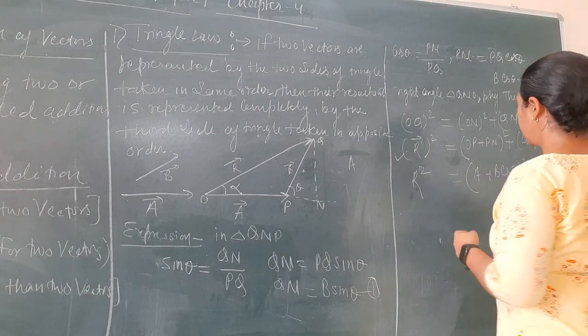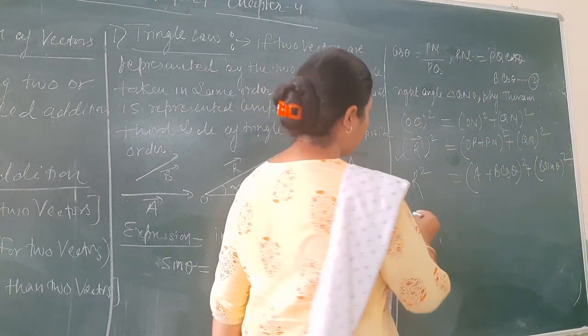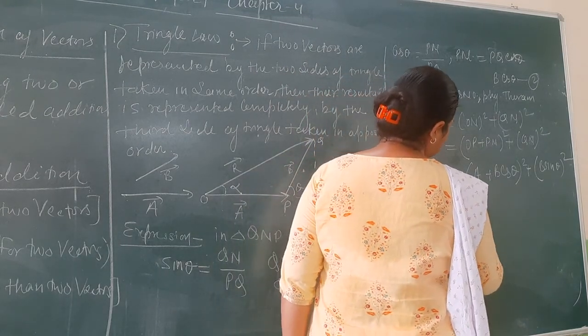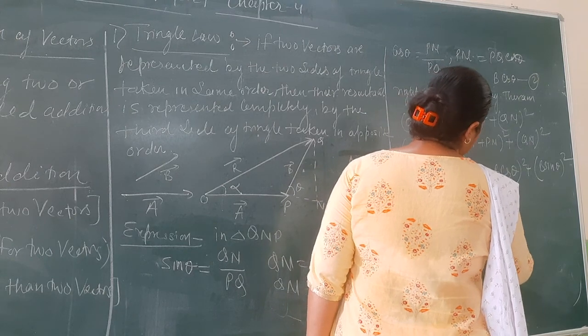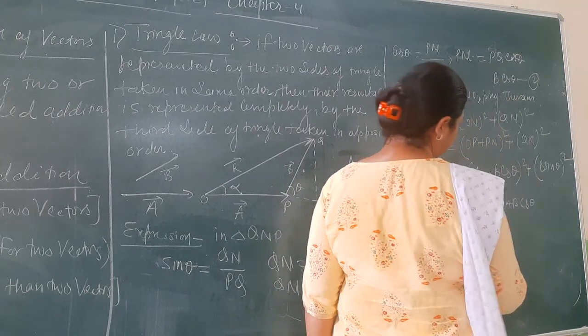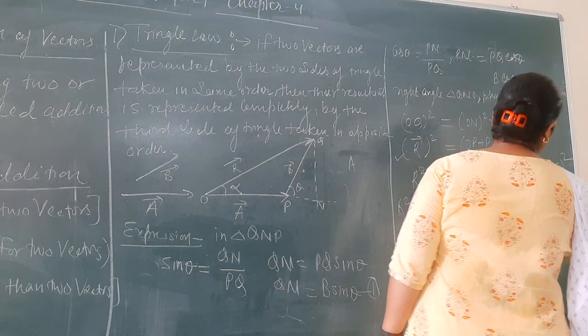Whole square. Now we will do the calculation for that. For calculation, R square will be equal to A square plus B square cos square theta plus 2AB cos theta. A plus B whole square we will just apply, plus at last B square sin square theta.